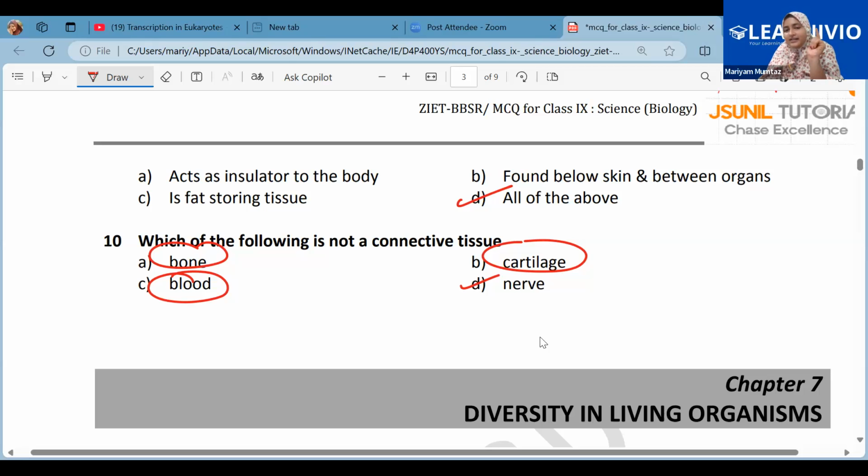Tendons, ligaments, you are right. Apart from these two, what else? It's muscle tissue. Muscle tissue is not a connective tissue.